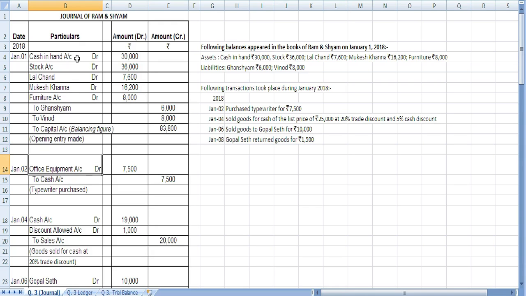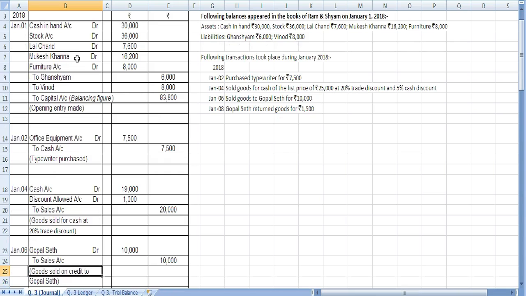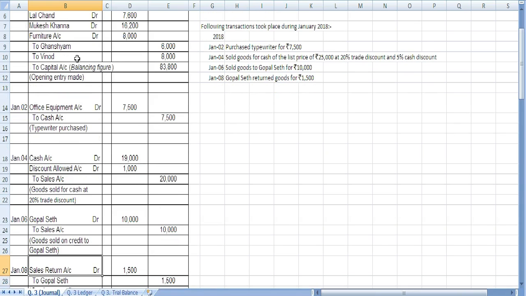Then we have office equipment. Cash is already made, so don't repeat it. Again here cash is made, don't repeat it. Then we have discount allowed, sales, Gopal Seth, sales again is already made. Sales return, Gopal Seth already made.